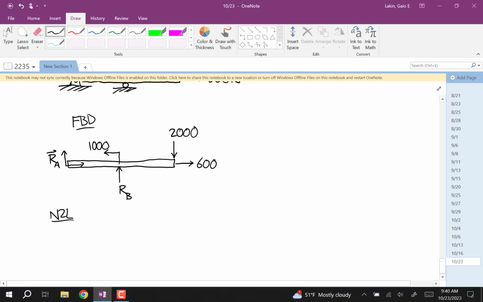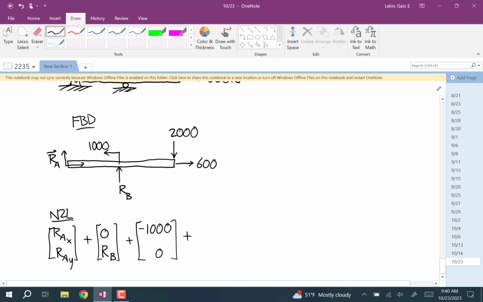So Newton's second law says RAX, RAY plus 0, RB plus negative 1,000, 0 plus, I don't know, these are both at the same point, I'll just make that a single force vector of positive 600, negative 2,000, is equal to zeros.